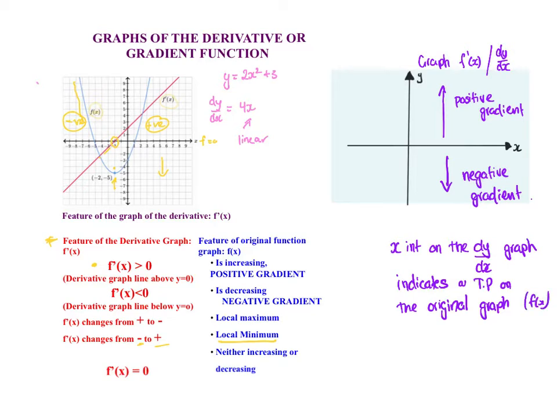So you can see over here we had a turning point at -2, and that's where we have the x-intercept on the red one. So pretty much when dy/dx, the derivative, equals 0, we've got a turning point.